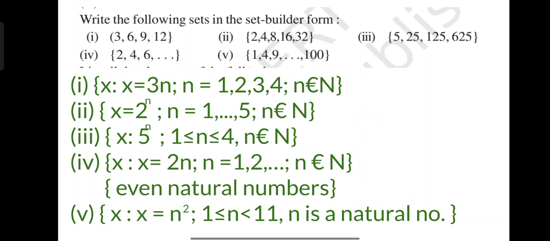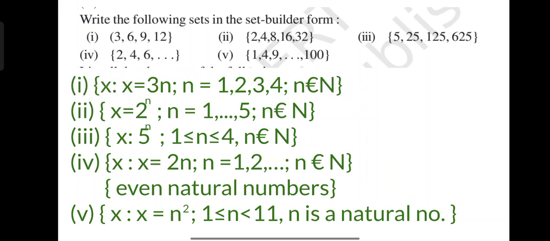So while writing set builder form, what we have to write in common is the curly bracket. Our set should start and end with it. All the sets, whether roster or set builder, should start and end with curly brackets.